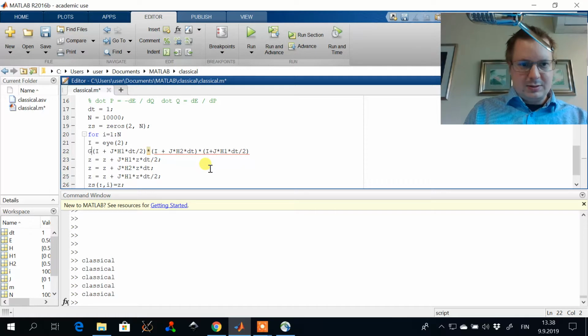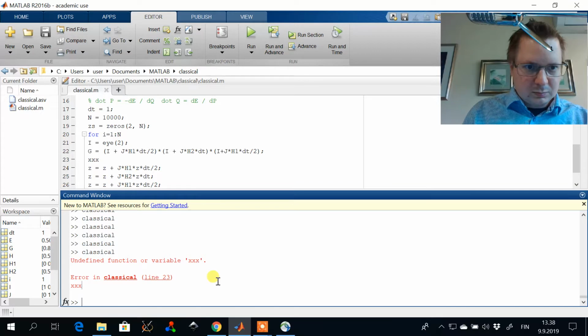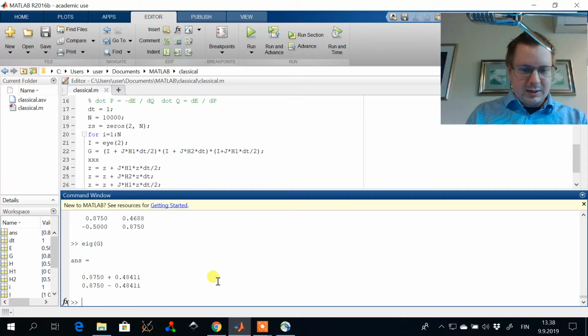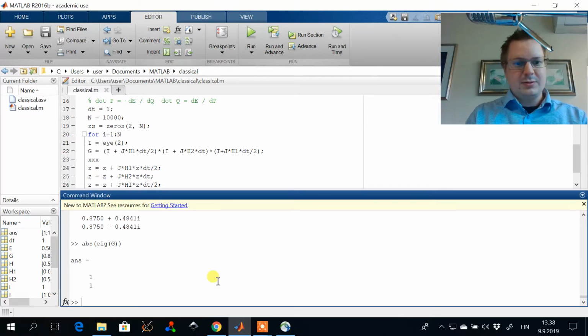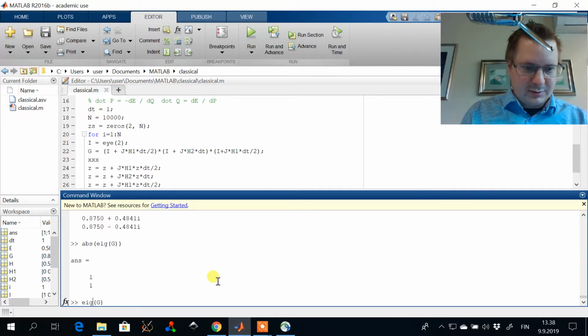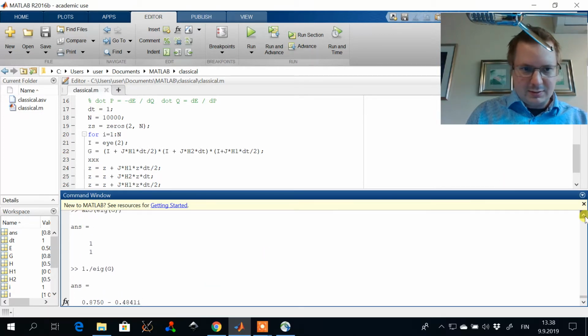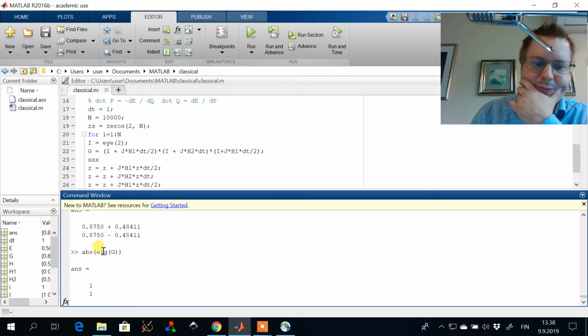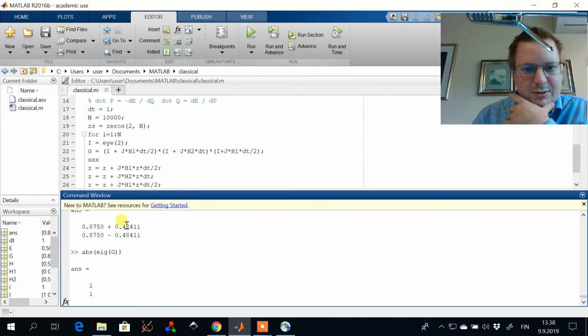Okay, so we have this matrix here, and then we have this matrix. So it has 2 eigenvalues, and these eigenvalues are 1. And the thing is that these eigenvalues are also, so what if I have my 1 divided by those eigenvalues, they're also the same. So these are in unit circle, these eigenvalues, and the complex conjugation on the unit circle is equals to the inverse.